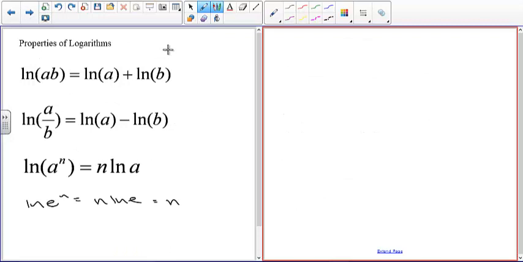So, our rule here, this is the derivative rule. It says the derivative with respect to x of the natural log of x equals 1 over x. Also, the derivative with respect to x of the natural log of the absolute value of x is also equal to 1 over x.